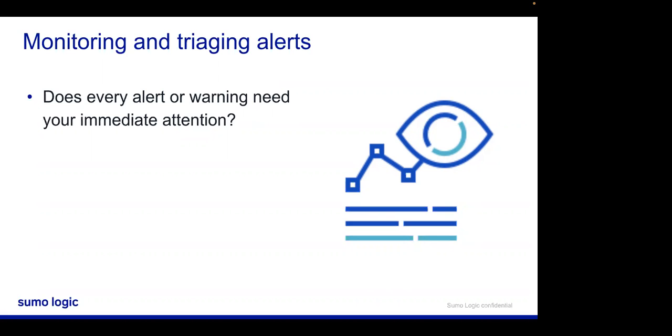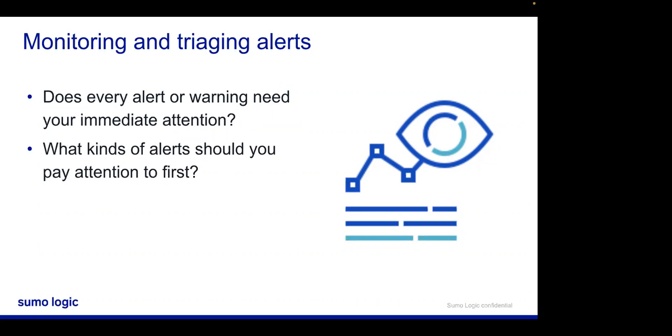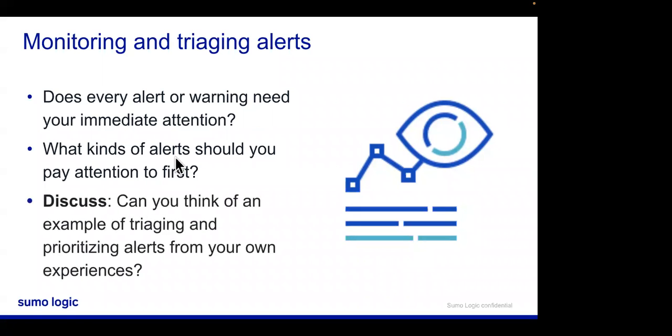Kubernetes by itself tries to be sort of self-healing, if you will, and tries to restart and do things that it needs to. So a lot of times Kubernetes is just trying to take care of itself. And when that happens, you may see certain alerts or warnings. Are they really a problem, right? So what kind of alerts should you pay attention to? Which were the priorities here, right?